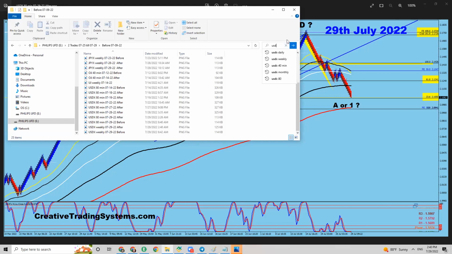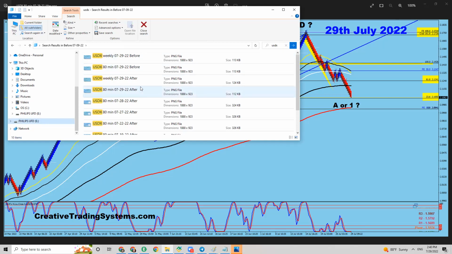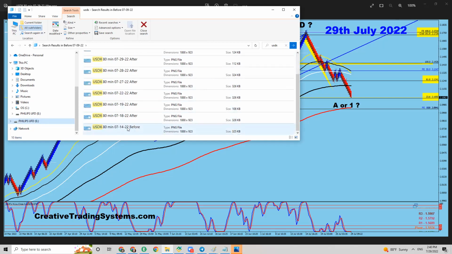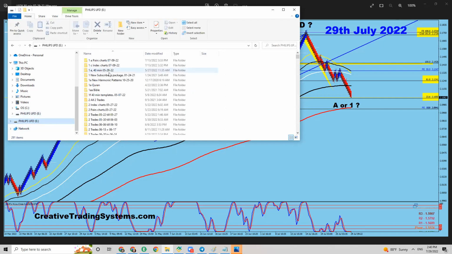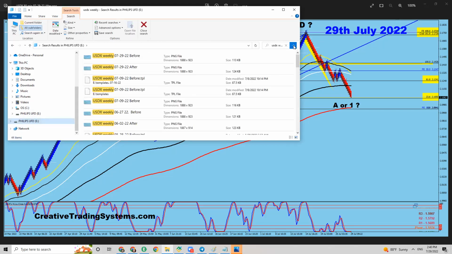However, let me... USDX weekly to 29 and the 7-14. That's 80 minute. No, I don't know where it is right now. Sometimes you have the chart, but I saved them in different places. USD weekly, the one on the 23rd, man. Come on. Where is that? 29 before. Don't have it here.